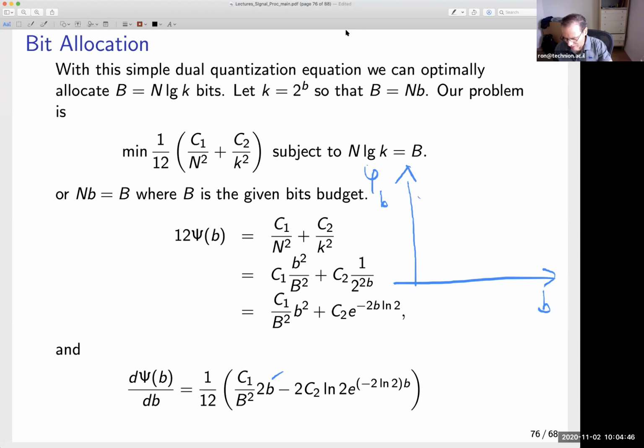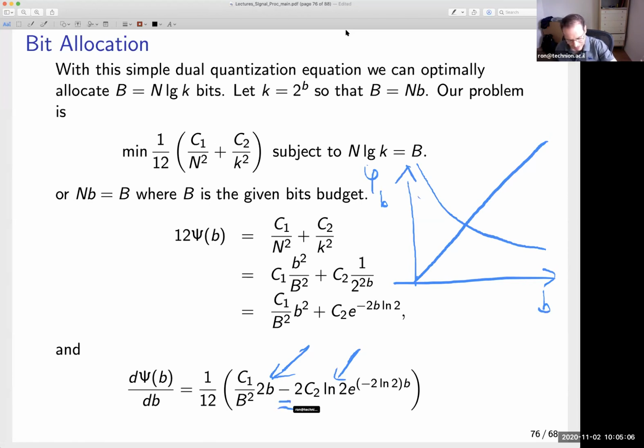Okay, so this term would give me this linear function. This term would give me this kind of function. Okay, it's a logarithmic, sort of a logarithmic function with a minus sign. So this is why it would go down.